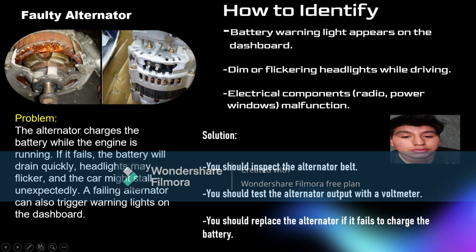How to identify? Battery warning lights appear on the dashboard. Dimming headlights. Electrical components like power windows malfunction.